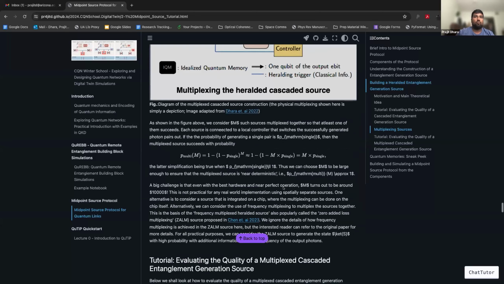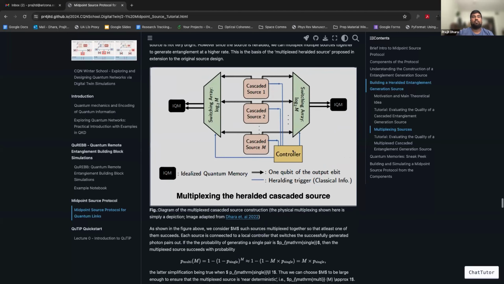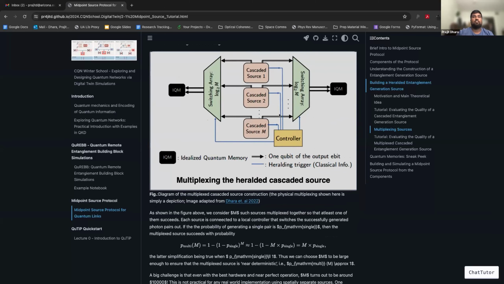One very straightforward, naive way to do this is to say that I just build M of these sources separately, and I have some fancy switching circuit, and I build as many sources as I require to get to that near 1 probability of success.